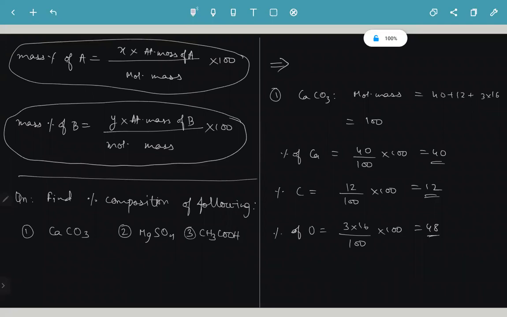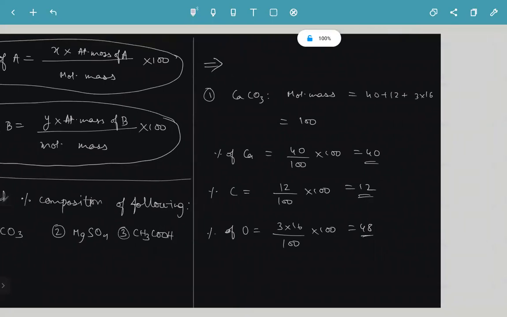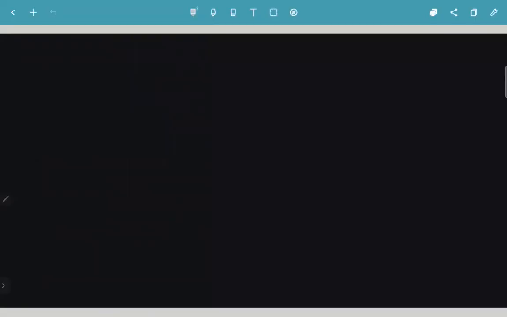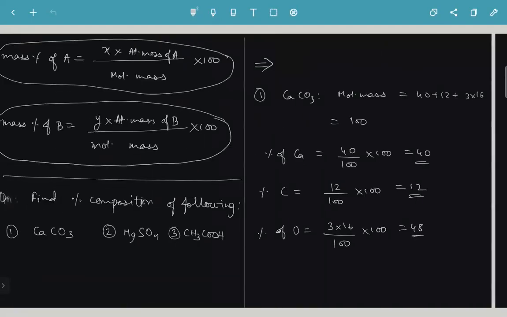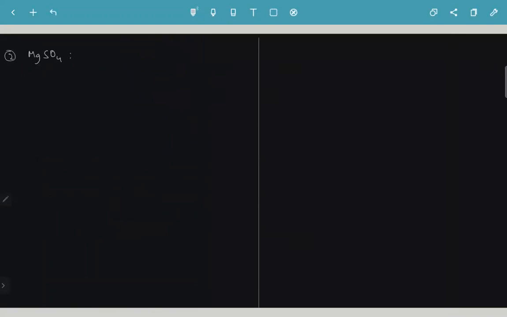Okay? If we find in MgSO4, let us first find out the molecular mass of MgSO4. Molecular mass is equal to, there is one magnesium atom 24, one sulfur atom 32, and 4 oxygen atoms, 4 into 16.